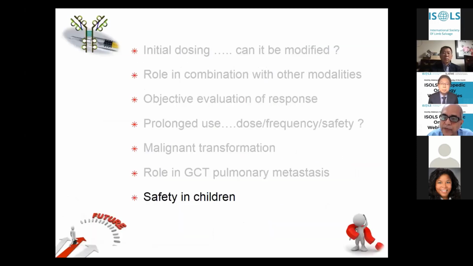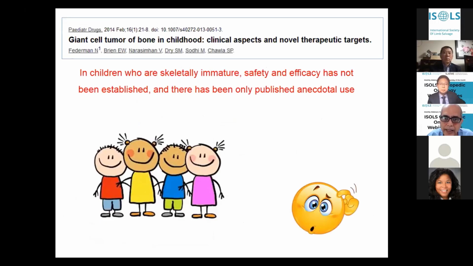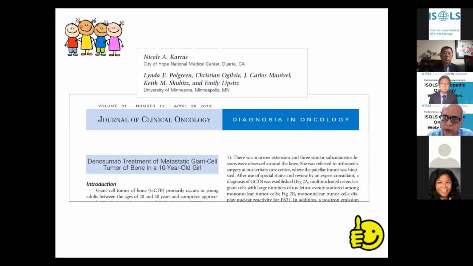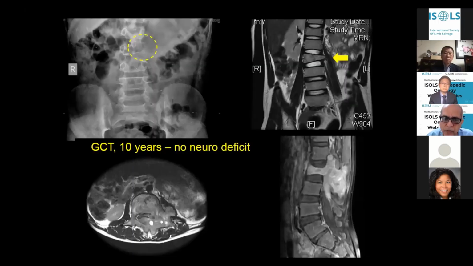What is the safety of denosumab in children? We know that in children who are skeletally immature, the safety and efficacy has not been published. There is only anecdotal evidence. All studies of this have been on osteogenesis imperfecta, none on giant cell tumor, even though we have had anecdotal uses in giant cell tumor in young children. One of the cases from our institute was a 10-year-old child with neurological deficit.